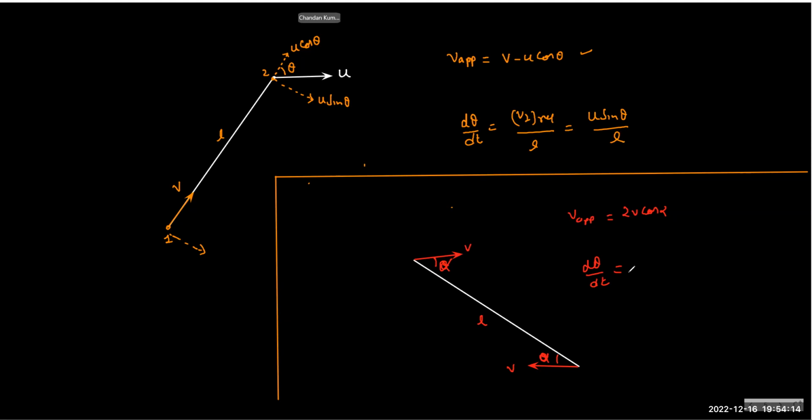Sir, 2v sin alpha by L. Very good. So do you guys realize this? Rugved and Prashant, tell me. Sir, 2v sin alpha. Yeah, Raghuvan, what you said? How did we get 2v sin alpha? Oh my God.